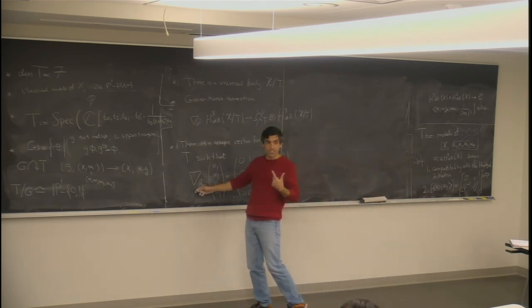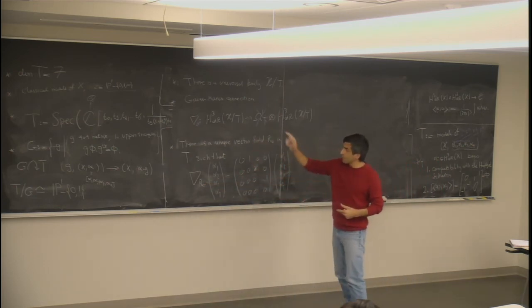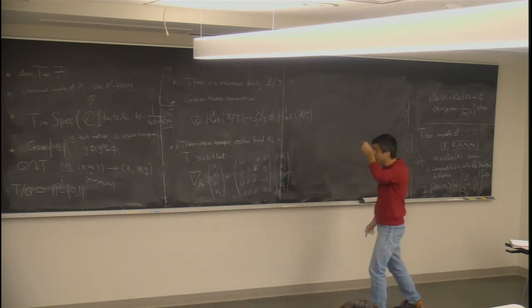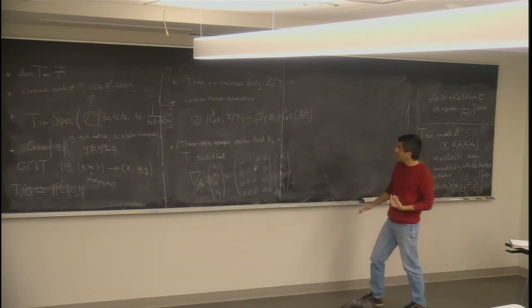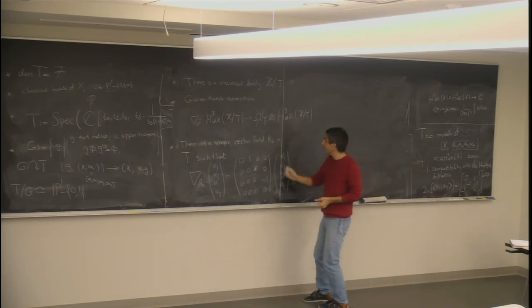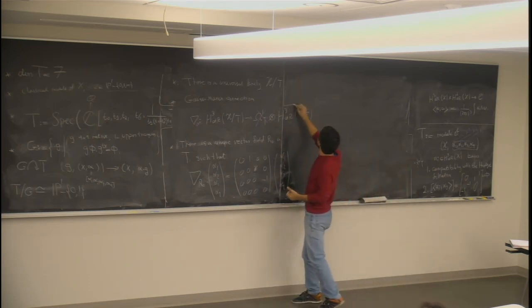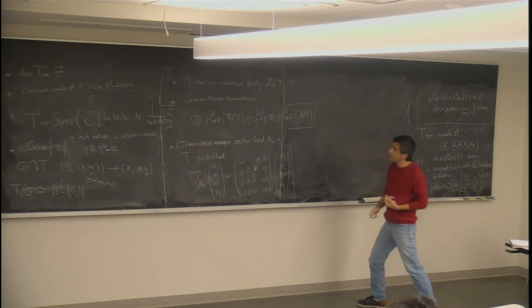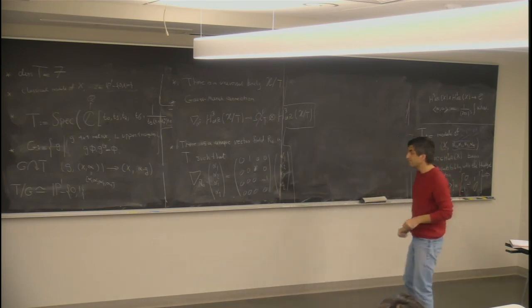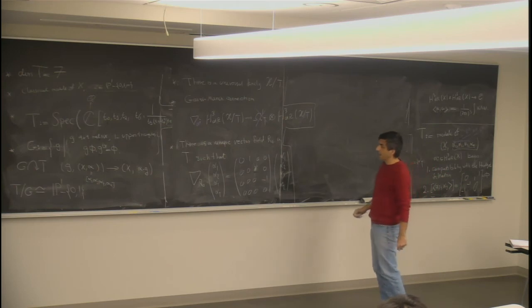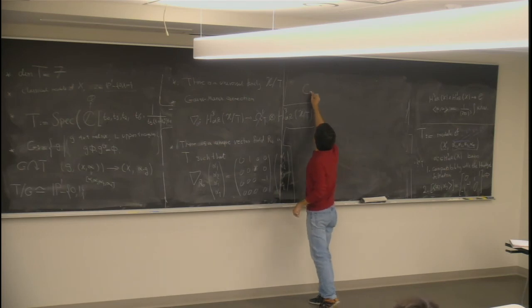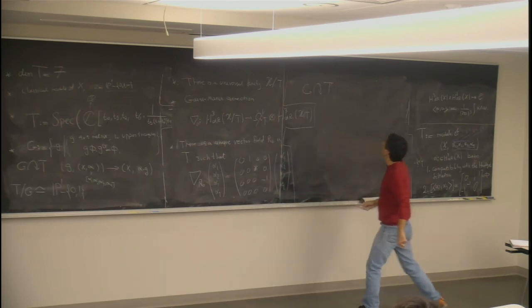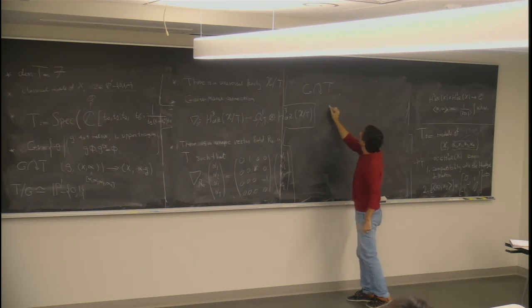So you have G acting on T. You can form Lie G, the Lie algebra of G. For any element of the Lie algebra, you can get a fundamental vector field attached to it.